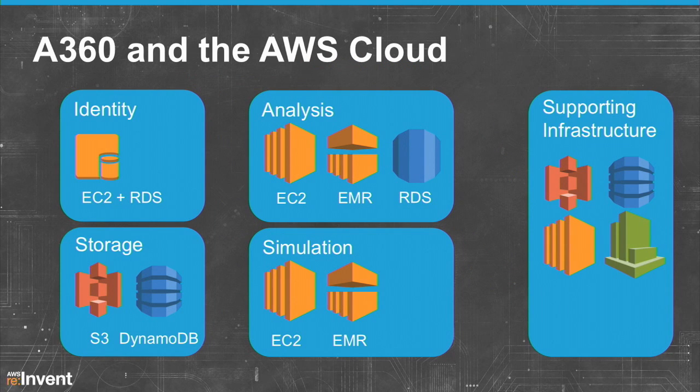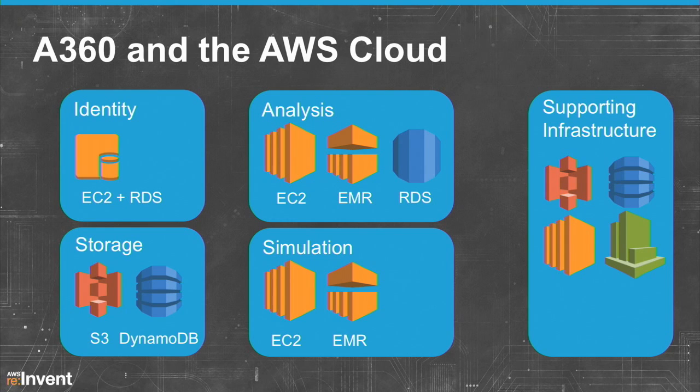And so that integrates with the Autodesk A360 solution, which is already in place. The identity and storage services are running on EC2 and RDS, and storage services are using S3 and DynamoDB.